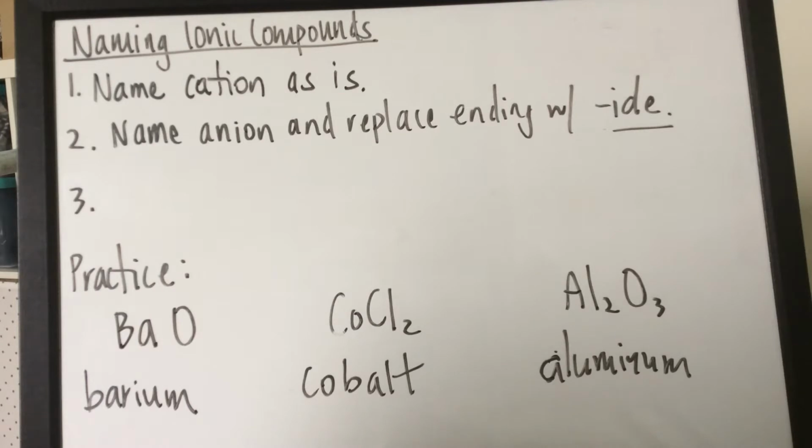Which is why we were seeing things like chloride and fluoride before, because the name had been changed. So we're going to name the anion, which is the second piece in a formula. In this case, this is oxygen, but I'm going to change its ending to "ide," so this is going to become oxide.